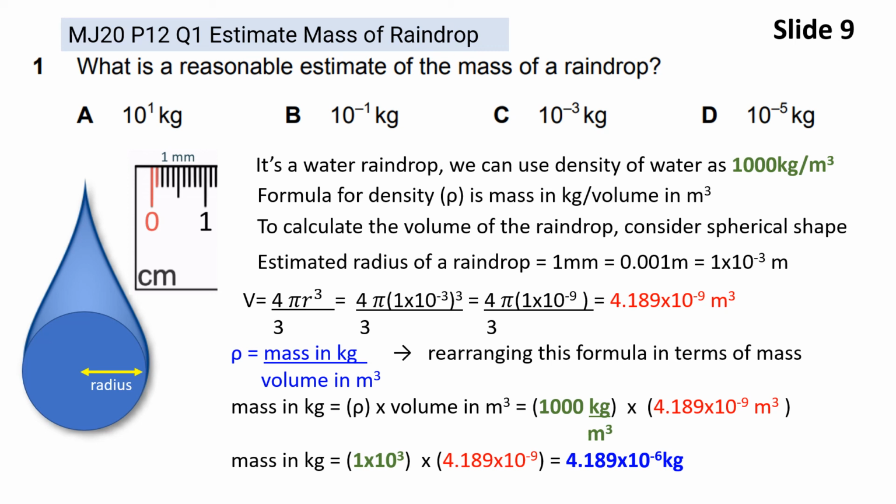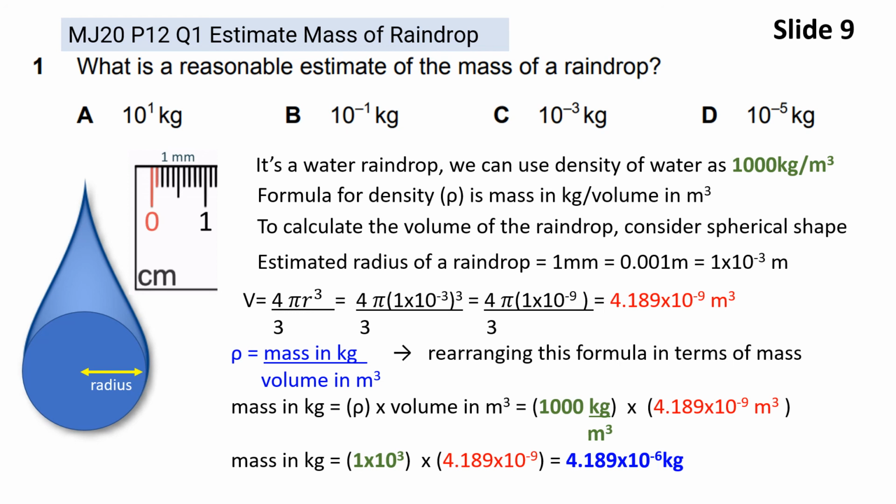But again, the options are just showing the power of 10 section of my value. So here it is 10 to the minus 6. So definitely it is not A. Definitely it is not B. If you look at A, 10 kilograms, no, that's way too much.